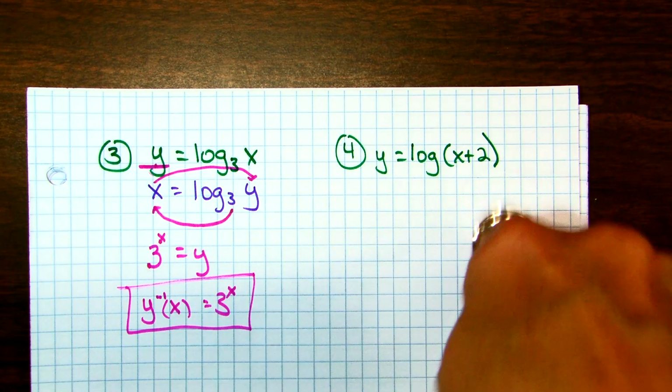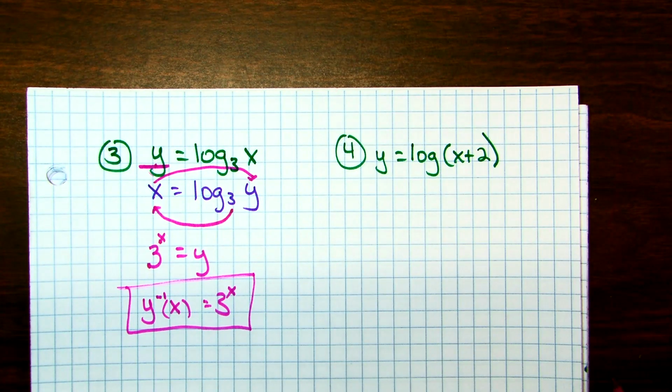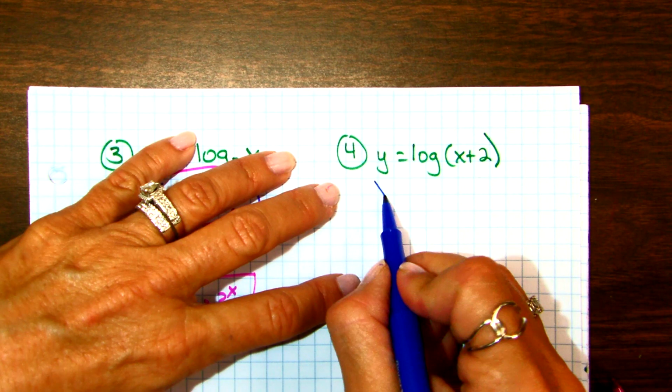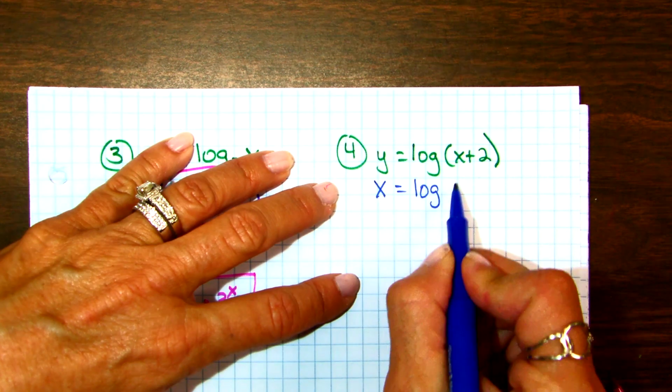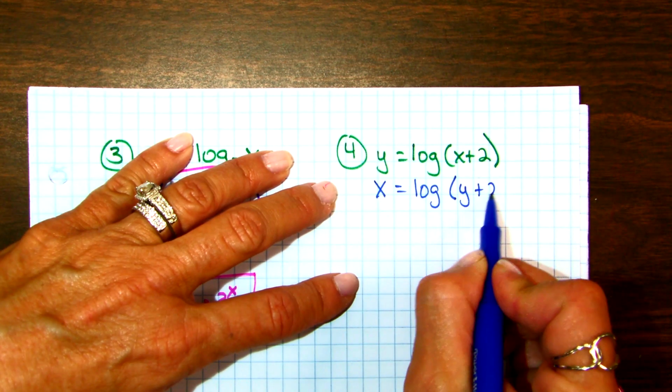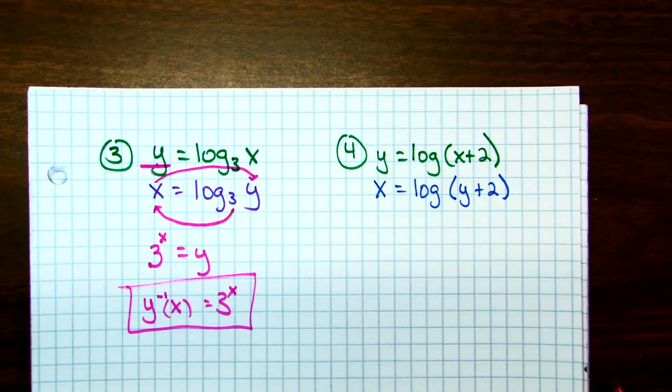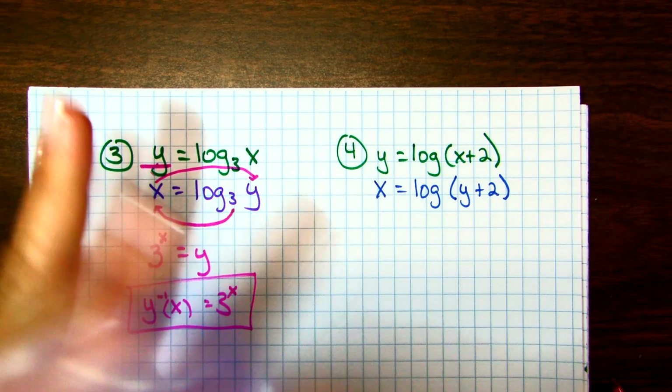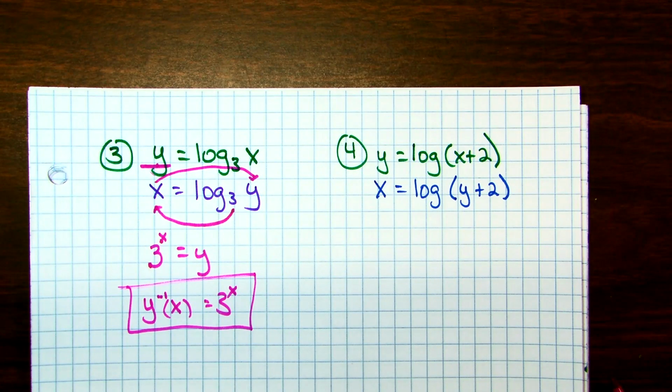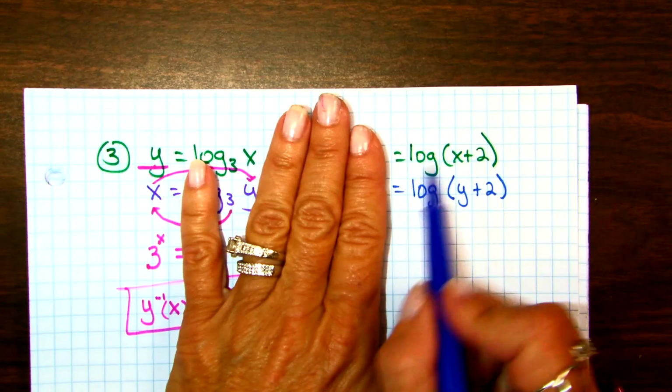Okay, number 4, that's what's written on your paper. We find the inverse, we switch x and y, solve for y. Before we can solve for y, though, in logs, we have to make sure the log is by itself. There's no other numbers to clean up to move to the other side. And this is all 1 unit.